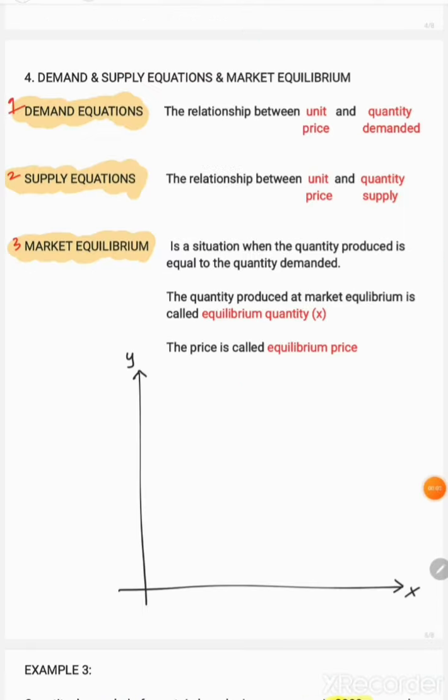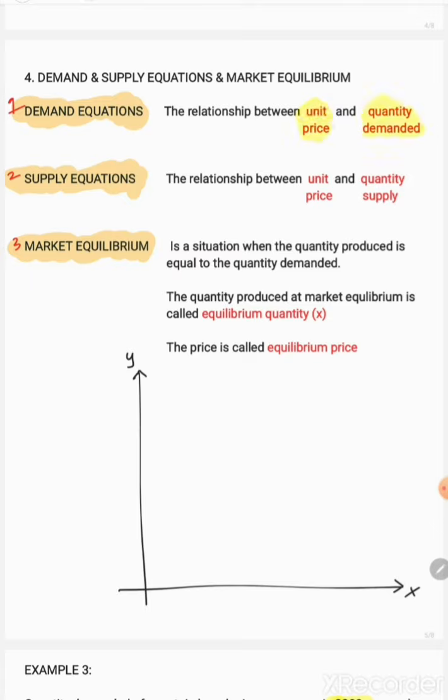This is point number 4, demand and supply equations and market equilibrium. For this part you have to understand the concept of these three terms. We begin with the demand equation. The demand equation expresses the relationship between the unit price and the quantity demanded.